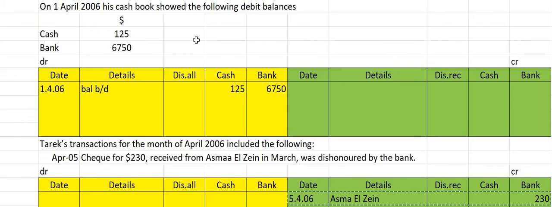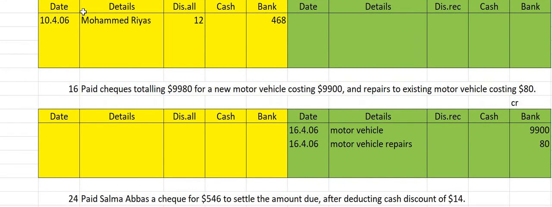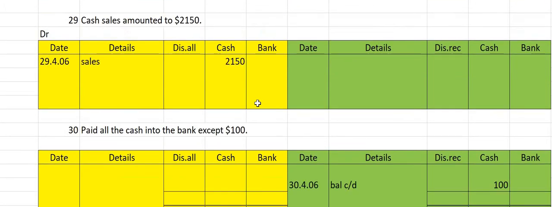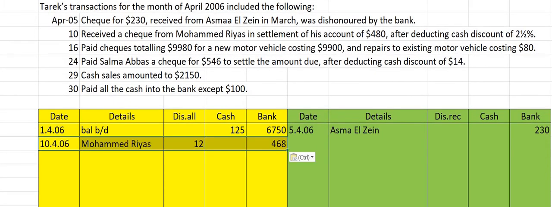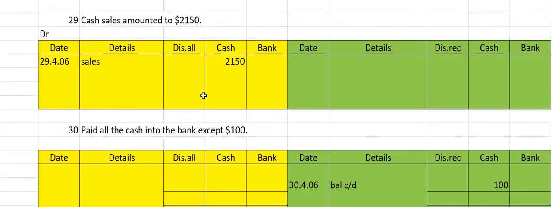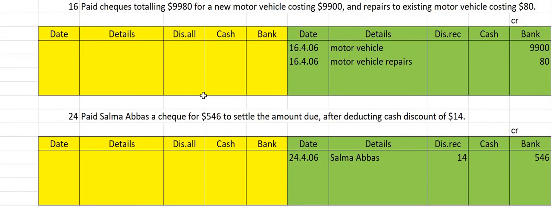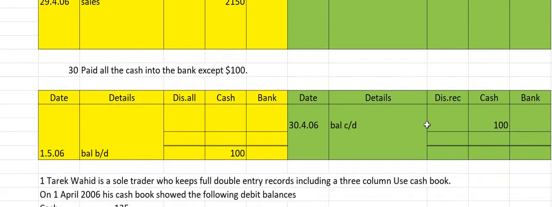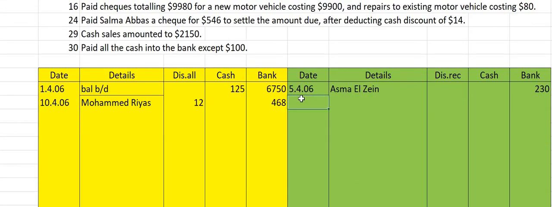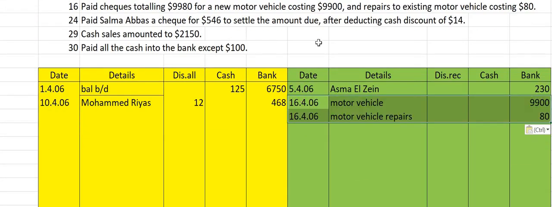Now let's move into the next one. This one is done. This one, let's enter it on the debit side of the cash book. Mohammad Riyaz done. Now these two pieces of information are to be included. Let's copy this information and we'll enter it on the credit side.